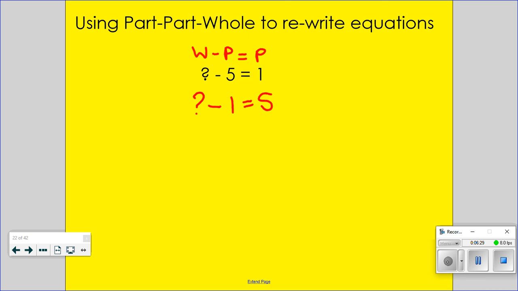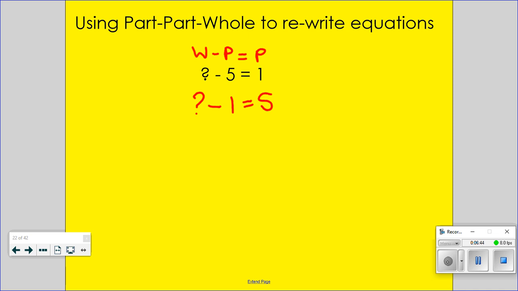Shelby? I can use addition. When I add, do I add my parts or do I add my whole? Parts.